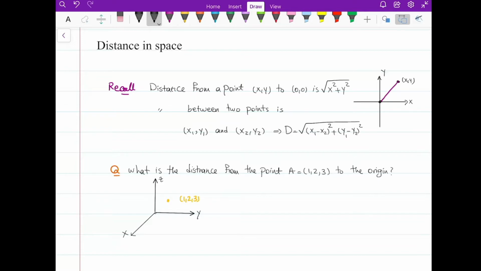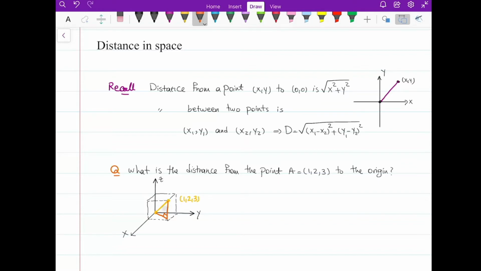Let me have my box like this, to show the position of the point. When I'm talking about the distance, I'm talking about the length of this line in here. So how can I find this? You just notice that I have a right triangle in here.